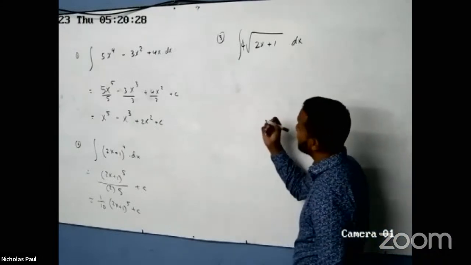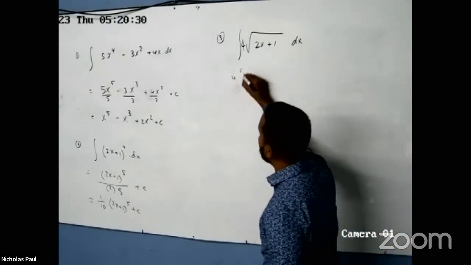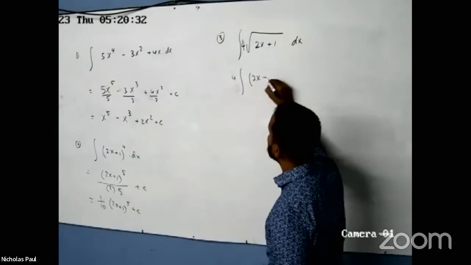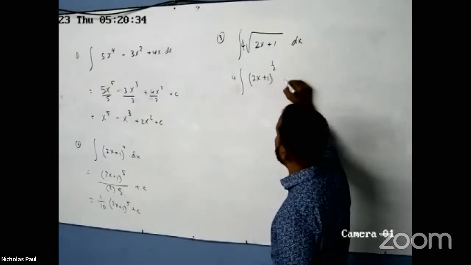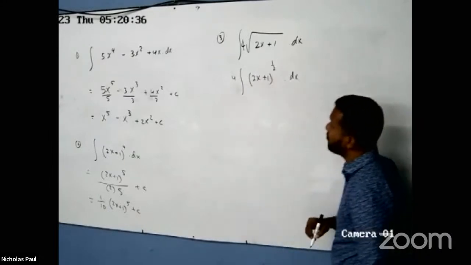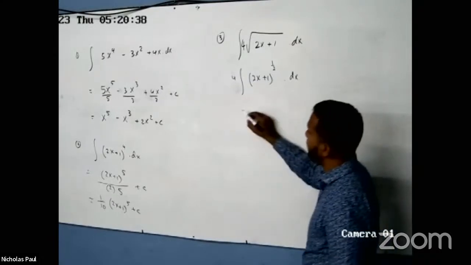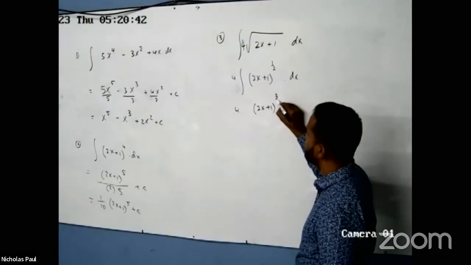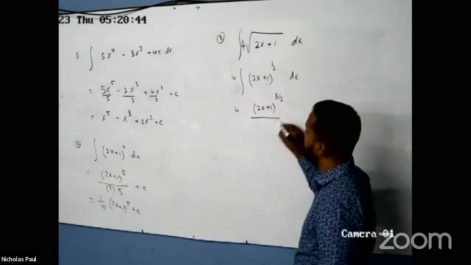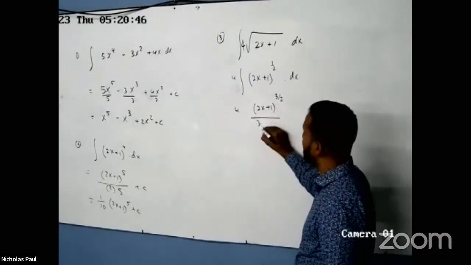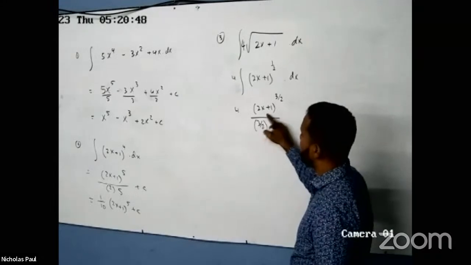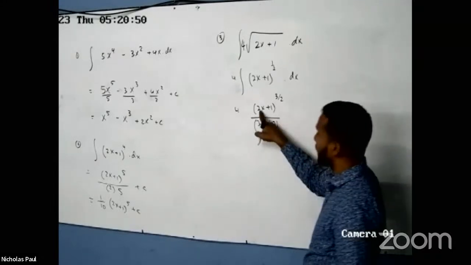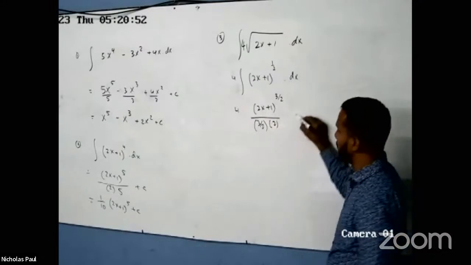So this is 4 by the integral of 2x plus 1 to the power of a half dx. Okay? Then you integrate it, leaving the 4 on the outside. 2x plus 1, add 1 to the power, you'll get 3 on 2. Divide by that new power and divide by the differential of the bracket, which is 2.